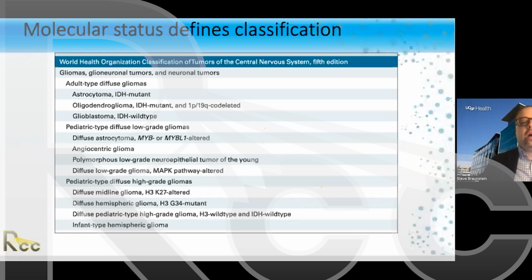So when we look at higher grade gliomas, we're not just looking at their histopathologic features, of course, but we're looking at molecular gene status. So things like IDH1 status, whether it's present intact or in a mutant form. We can also look at H3 mutation status in pediatric patients that's representative of diffuse midline gliomas.